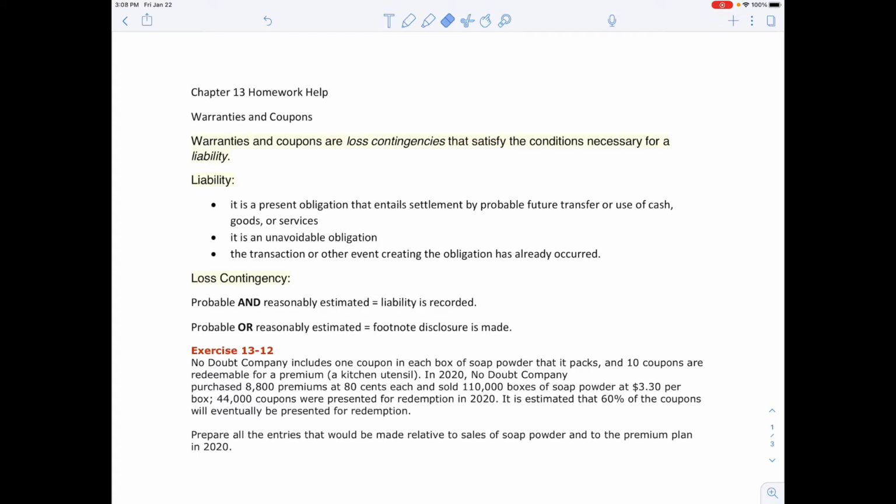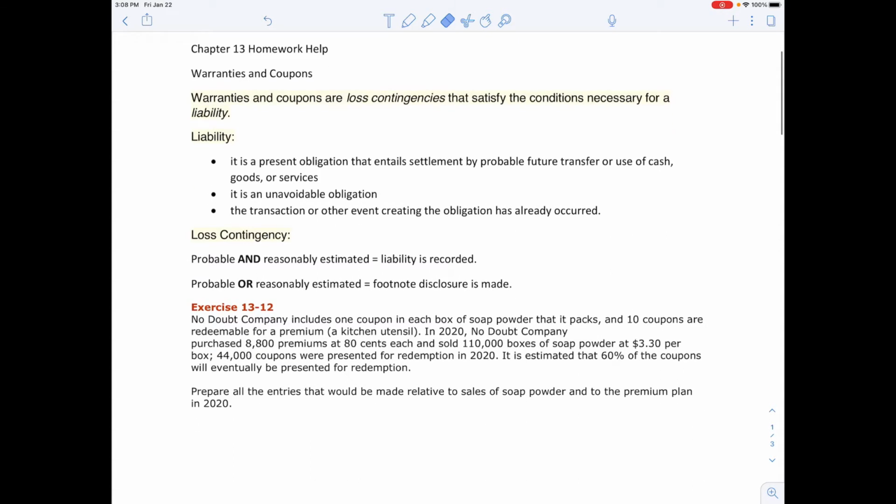Warranties and coupons fall under these loss contingencies because we are saying to our customers, we'll pay you back, hence that liability. A loss contingency, if it is probable, meaning it's most likely going to happen, and it can be estimated, this liability is recorded.